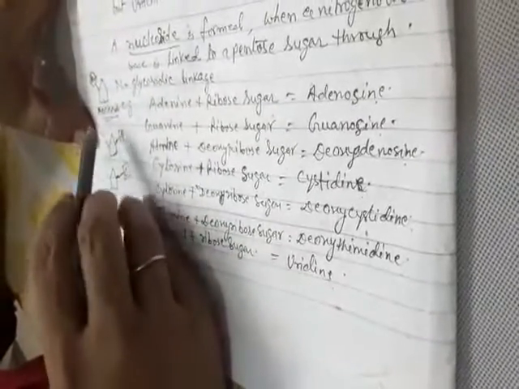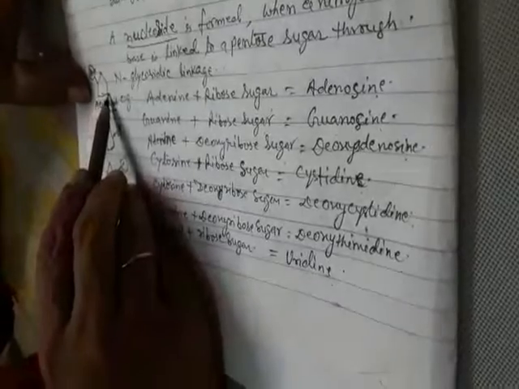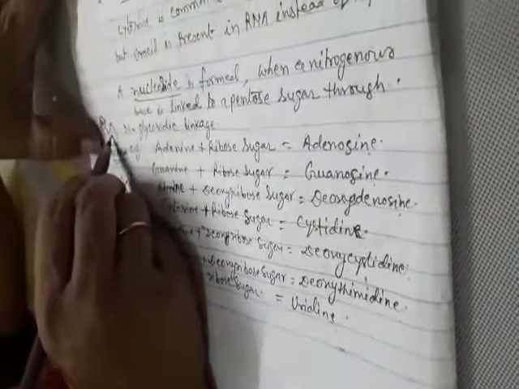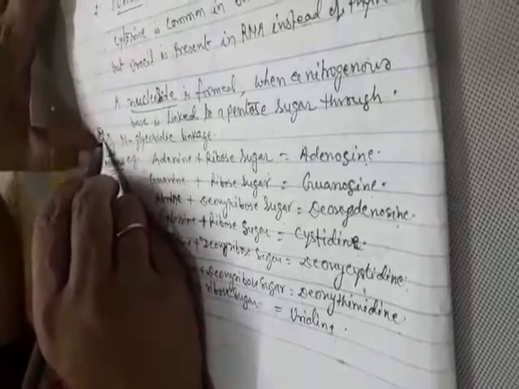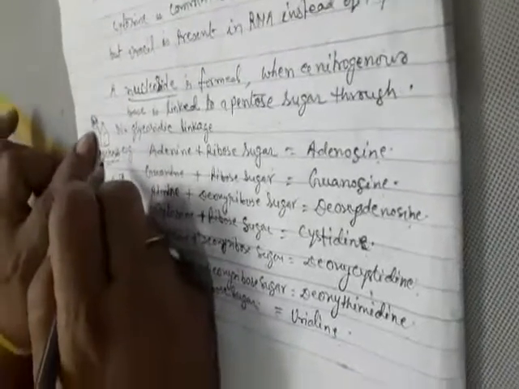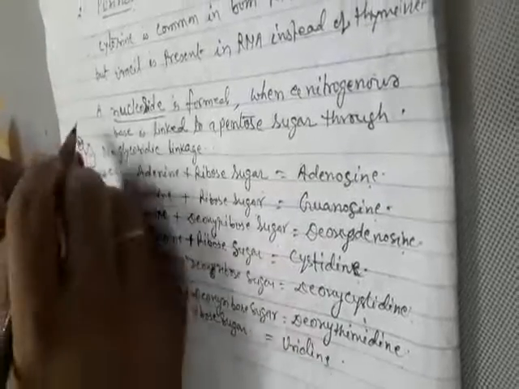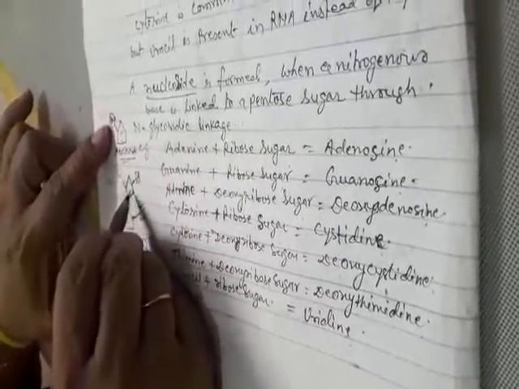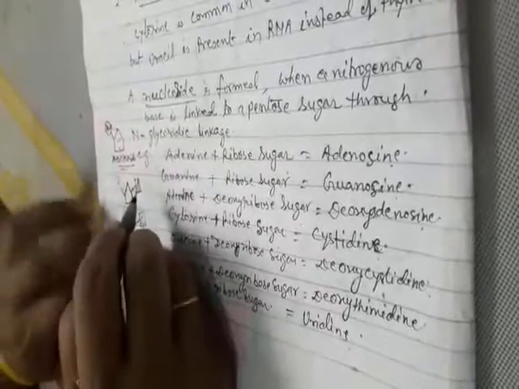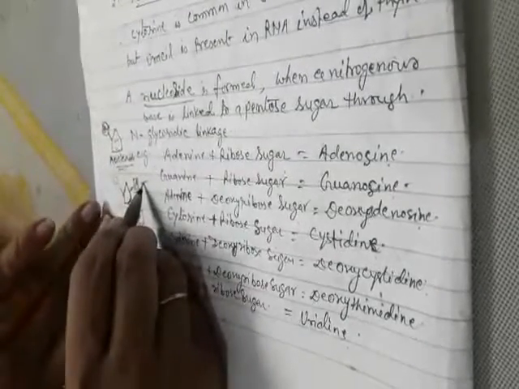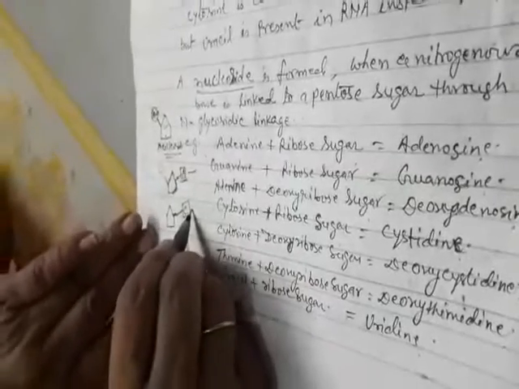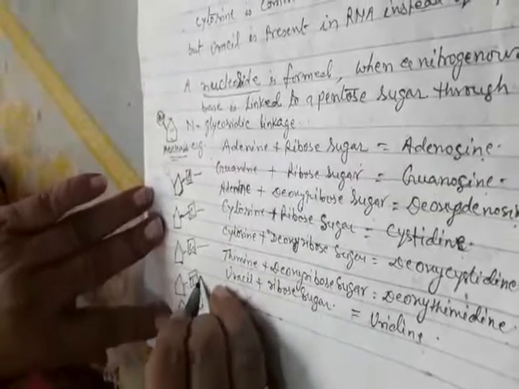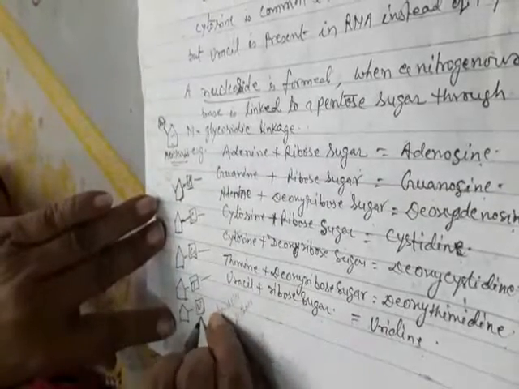Here is the structure of a nucleoside. The pentose sugar is attached to the base like this. A stands for adenine, C for cytosine, G for guanine, T for thymine, and U for uracil.